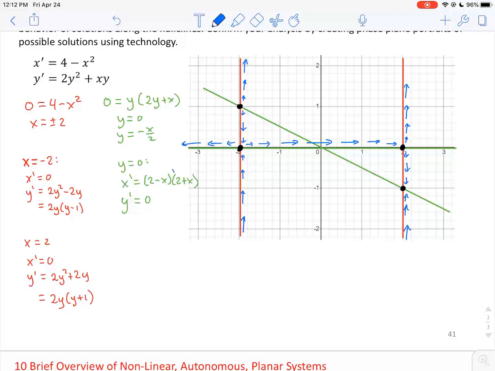Right, because if you were to make a graph of x prime against x, it would be an upside down parabola like this. X prime is positive in between the intercepts, therefore x is increasing, and it's most positive here in the middle, so it's increasing most right at the middle, which is why I was saying that in my analysis.